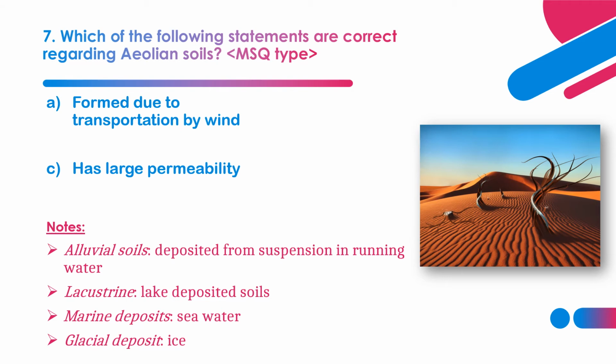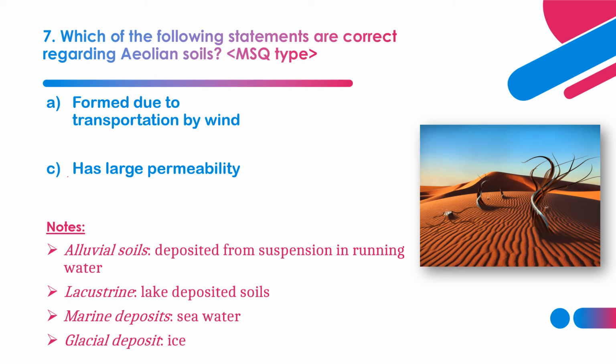Alluvial soils are soils deposited from suspension in running water, so we can find this type of alluvial soil in rivers. Lacustrine soils are lake deposits. Marine deposits are soils deposited in seawater. Glacial deposits are related to ice.